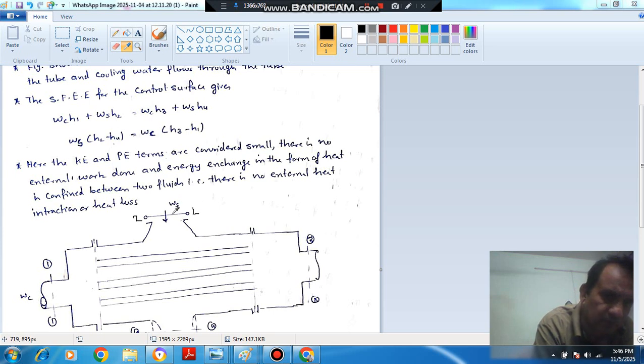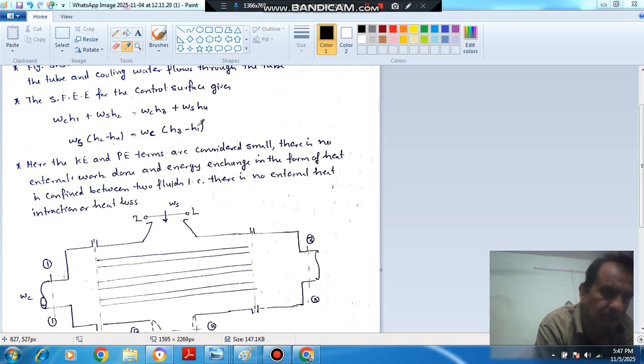Input is at 1 and 2, and output is at 3 and 4. So input is WC into H1, the enthalpy of the cold fluid and its mass flow rate, and WS into H2, the enthalpy of steam and the steam flow rate at 2. Similarly, output is WC H3, the cold fluid at 3, and WS H4, the steam at 4.